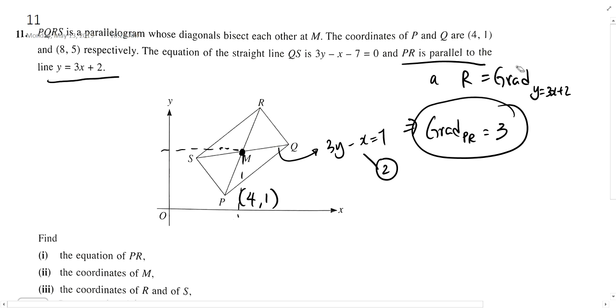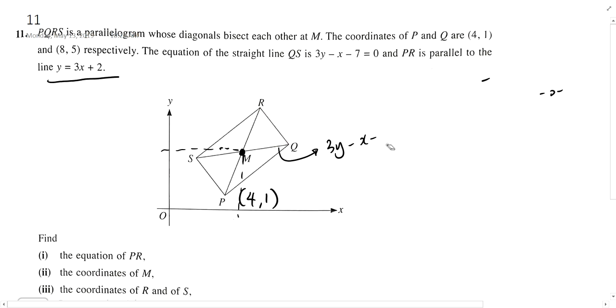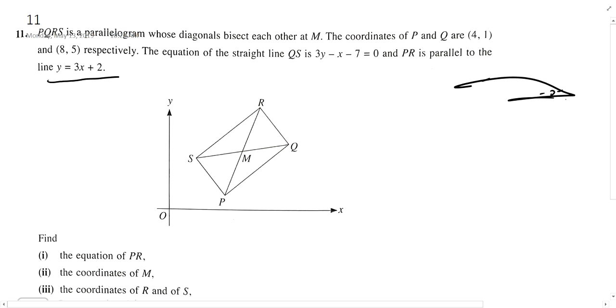Assuming that's done. Next part, coordinates of R and coordinates of S. Do you need help? Wilden, which one do you need help with, R or S? Both? Okay, let's start with R. So far, what we know is I have the coordinates of P, which is 4, 1.